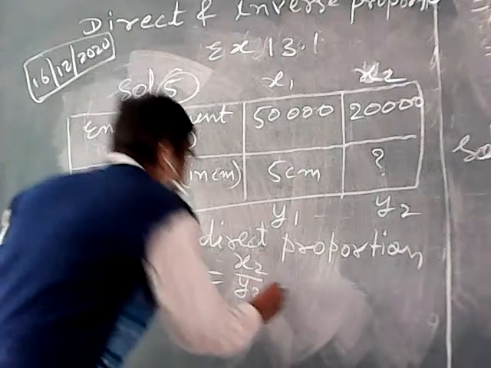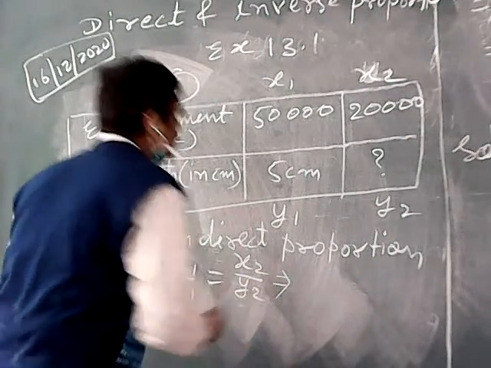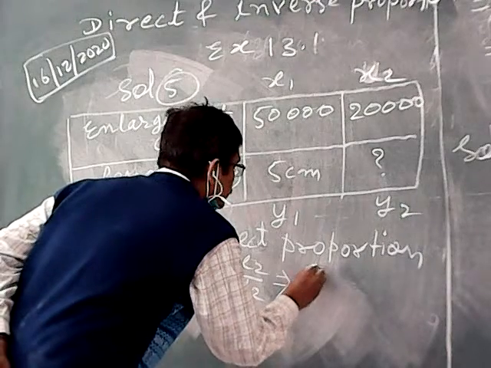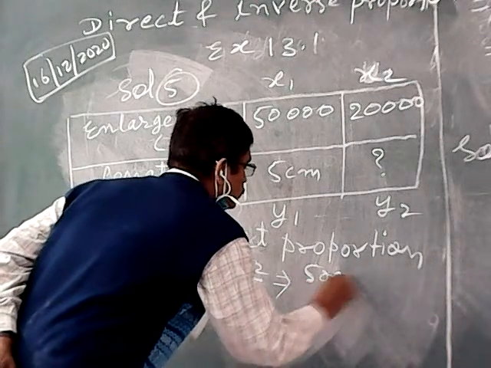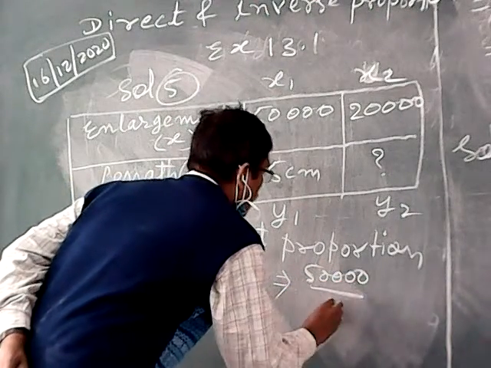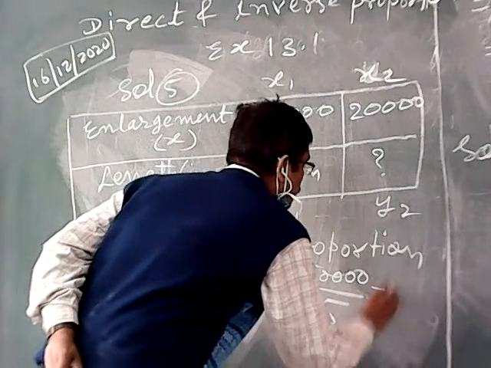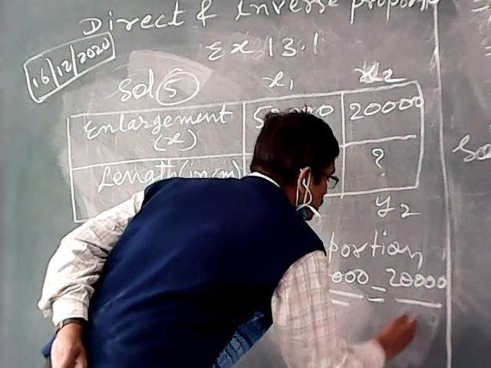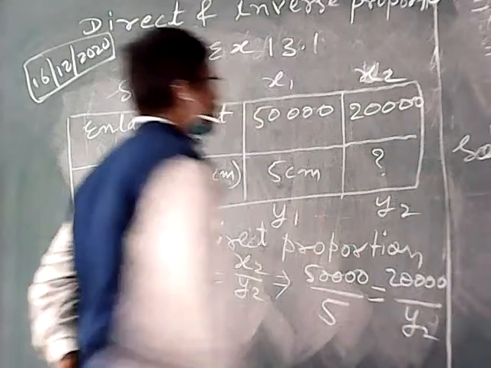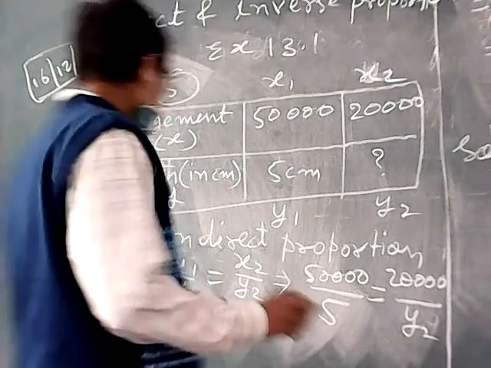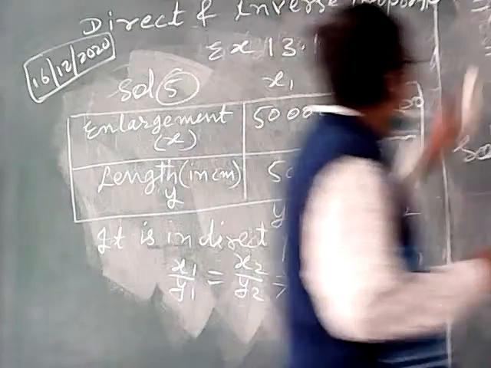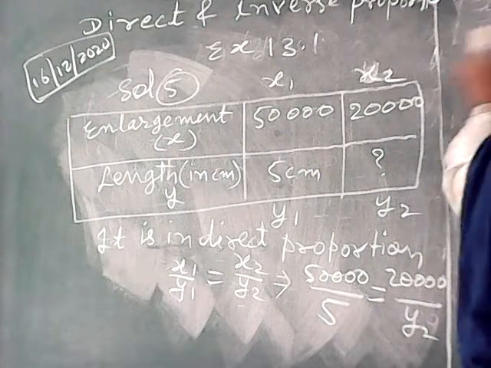Hence, putting the values, 50,000 by 5 is equal to 20,000 by the variable y2. Now, doing the further simplification.